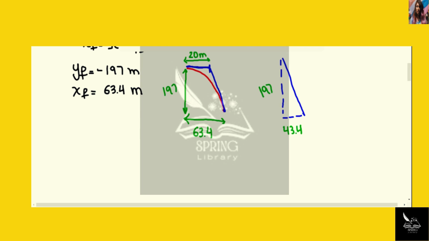Then we can calculate the total distance traveled by the hawk, r, which is the square root of 197 squared plus 43.4 squared. This is equal to 201.7 meters.